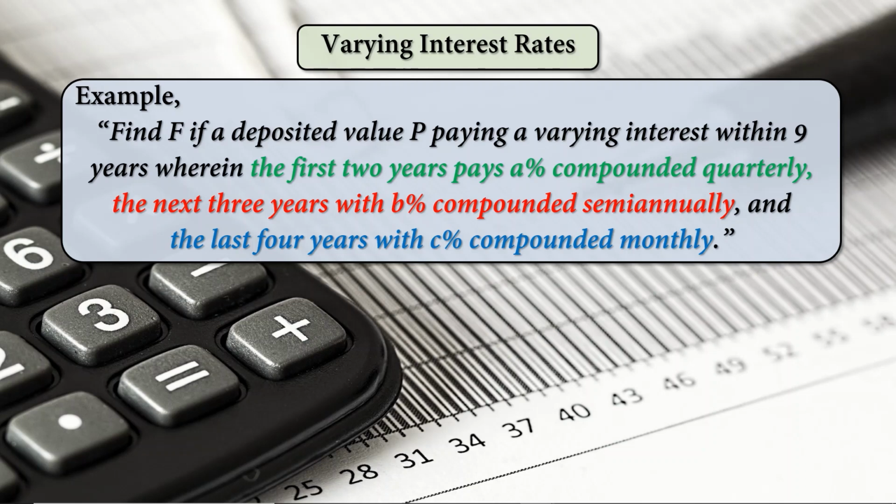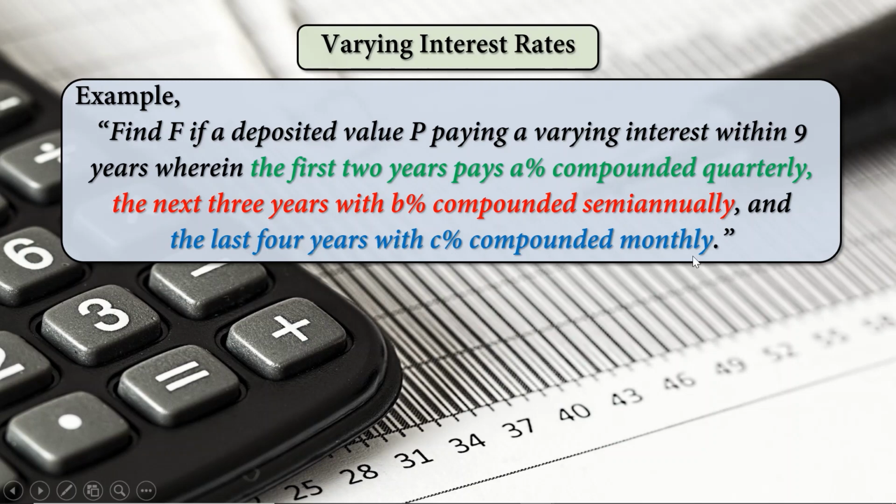So, it says here that yung 9 years natin, 9 years na period, hinati natin sa tatlo. Yung first 2 years, A% yung J or yung interest rate, compounded quarterly. Yung second part naman, for the next 3 years, B% compounded semi-annually, and for the last 4 years, C% compounded monthly.